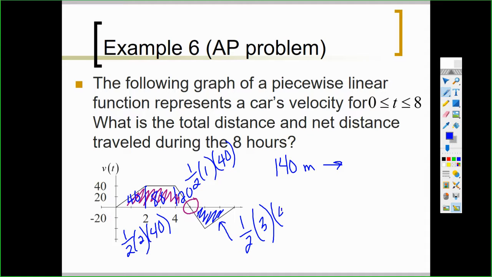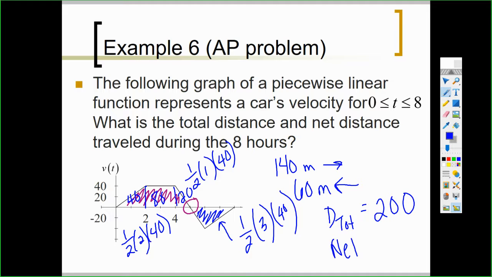Height is 40. It is going to be negative. So I end up getting 60 miles this direction. So my total distance traveled would be 200 miles. And then my net distance traveled would be 80 because 60 of those miles I was backtracking.